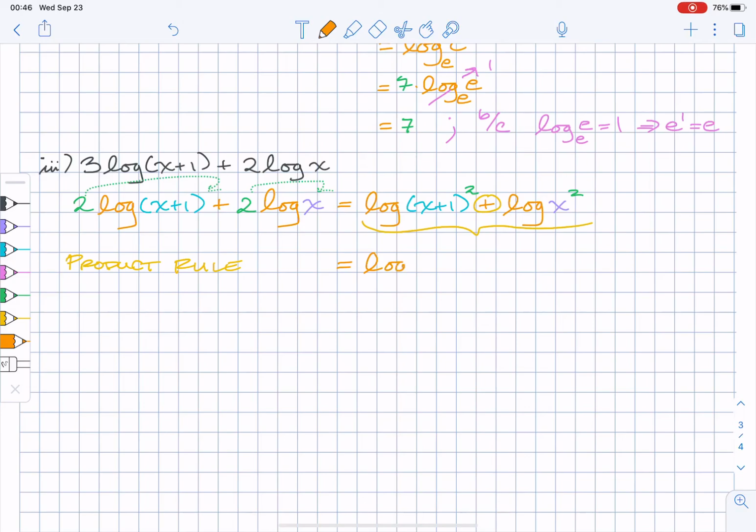So we have log, common log, of the product quantity x plus 1 squared times simply x squared, and there we are. That's sufficient. That is a single logarithm.